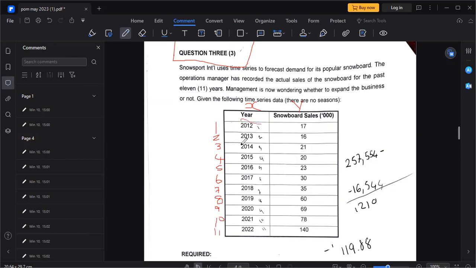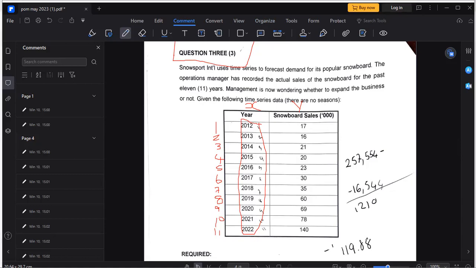So you put X as those years. The sales is Y: 17, 16, 21, 20, 23, 30, 35, 60, 69, 78, 140.